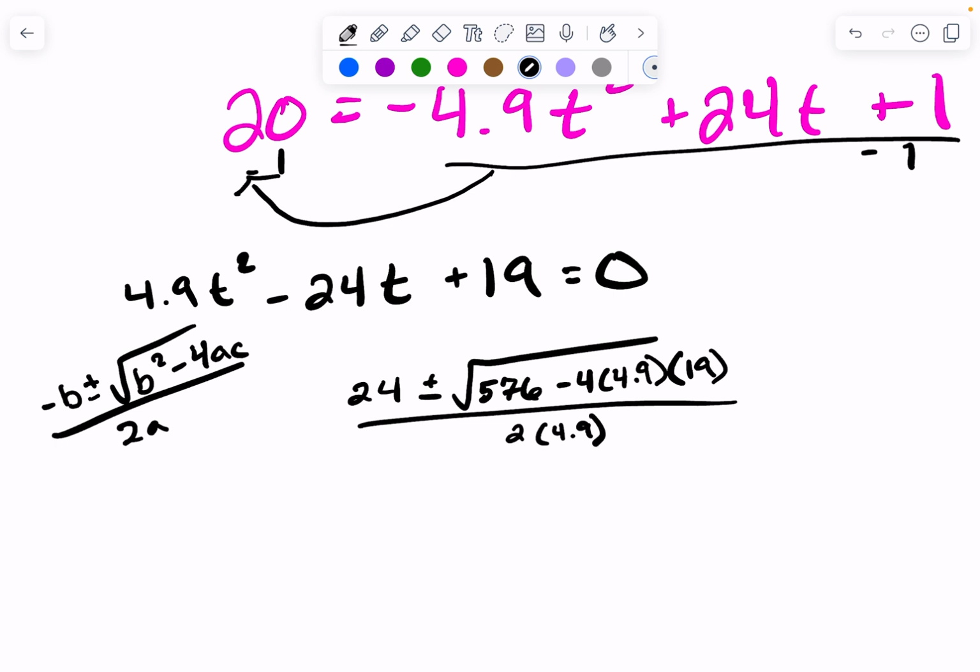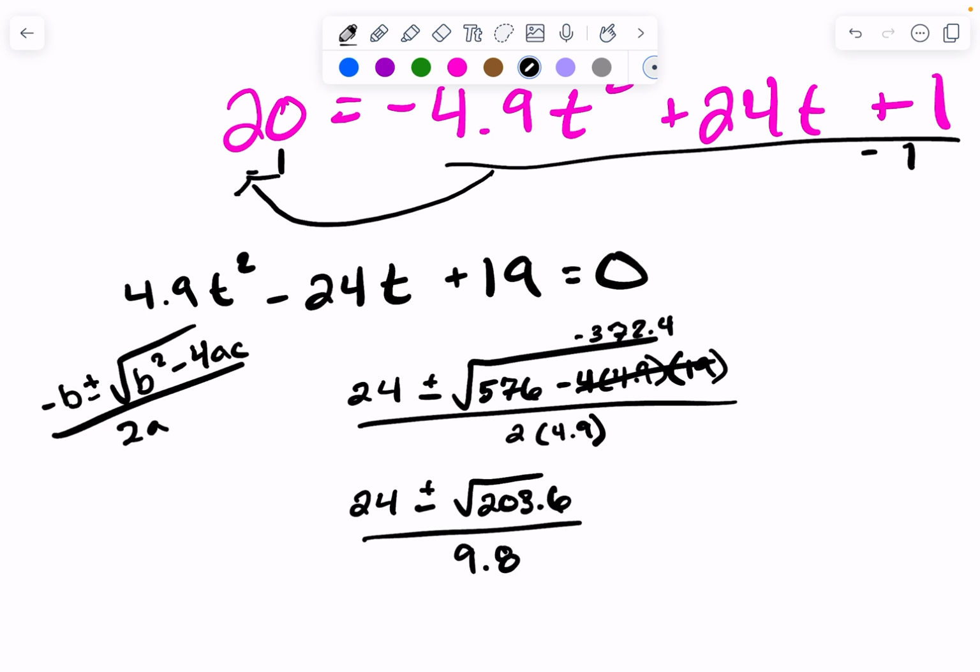4 times 4.9 times 19 is 372.4. So 24 plus or minus the square root of 203.6, all over 9.8.